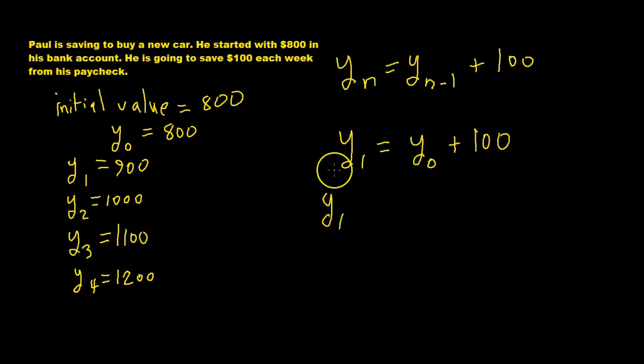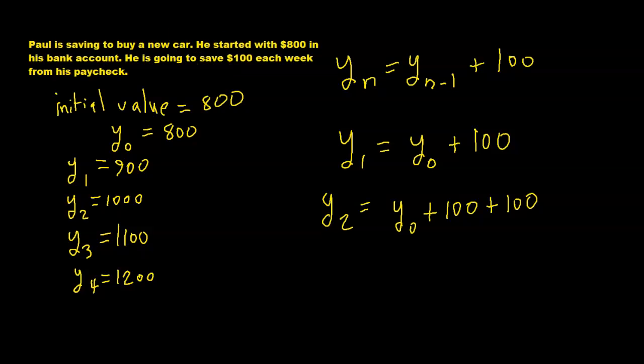y2 would be our initial value plus 100, plus 100, right? We started with our initial value and we added the common difference twice.